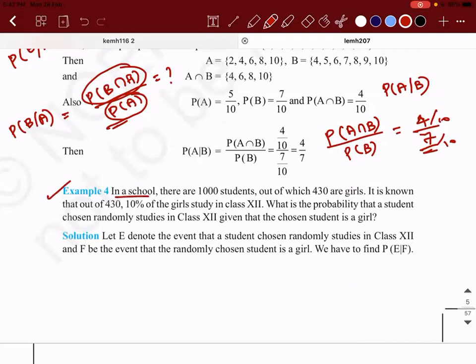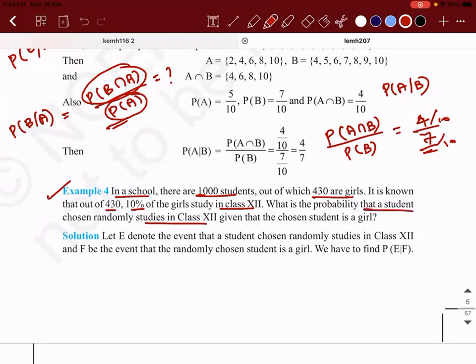Example 4. In a school, there are 1,000 students, out of which 430 are girls. It is known that out of 430, 10% of girls study in class 12. What is the probability that a student chosen randomly studies in class 12, given that the chosen student is a girl?